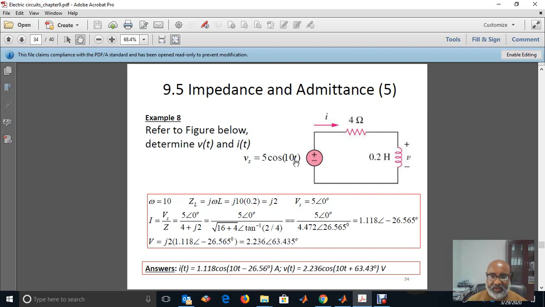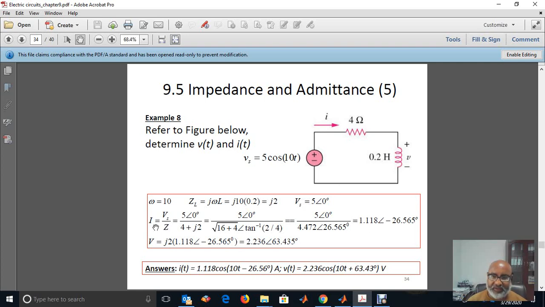Let's say I have this example, refer to this example again. This is 5 cosine of 10t, and let's find the current I. Very easy. This is an AC circuit, so I change them to phasors. This remains 4. This one is the inductor, L is 0.2 henry, so I change it to ZL. What is ZL? ZL is j omega L, j10 times 0.2, j2, and the source voltage is 5 at an angle of 0 degrees.